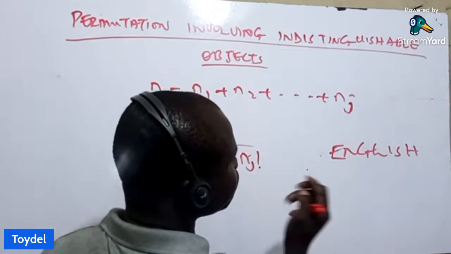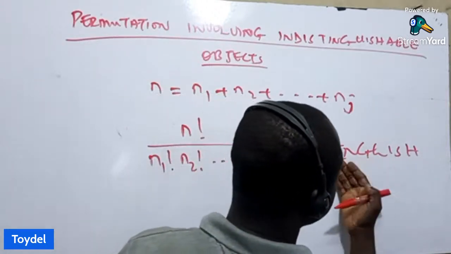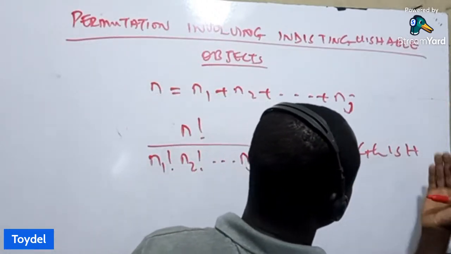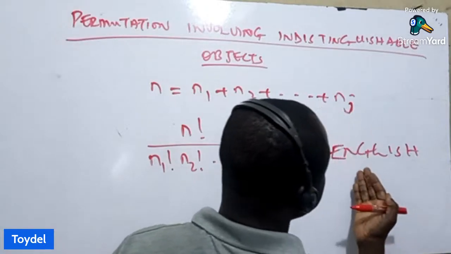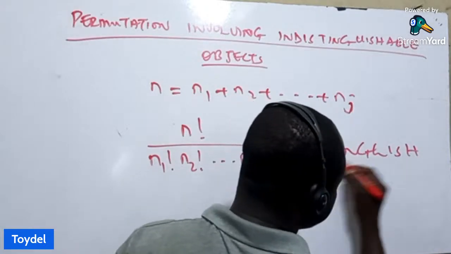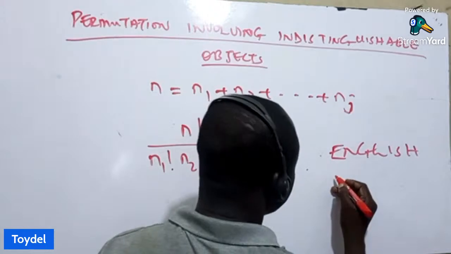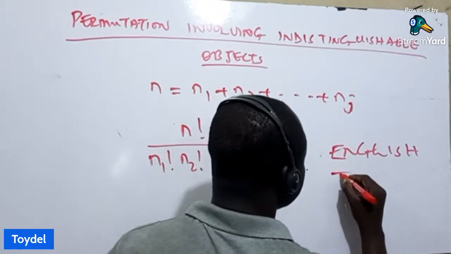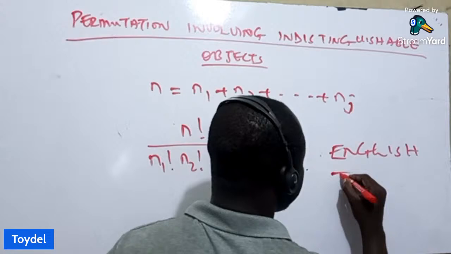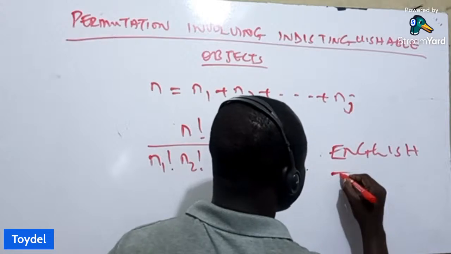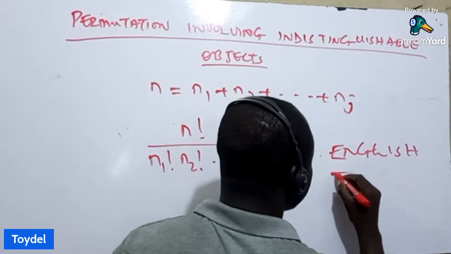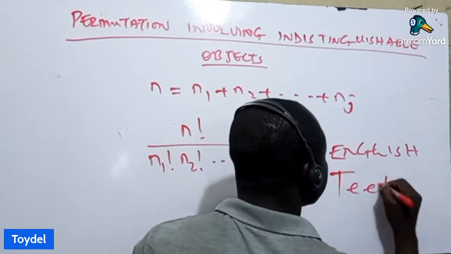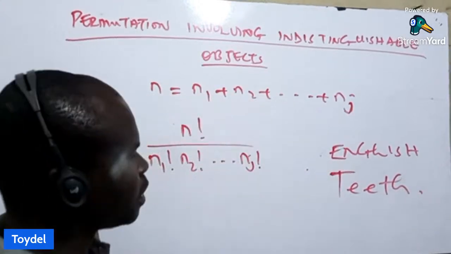In this case now, if there are letters that appear twice or thrice, then it is difficult to distinguish between them. For instance, let me use the word, let's say, okay, teeth. In this case now, there are two E's here.